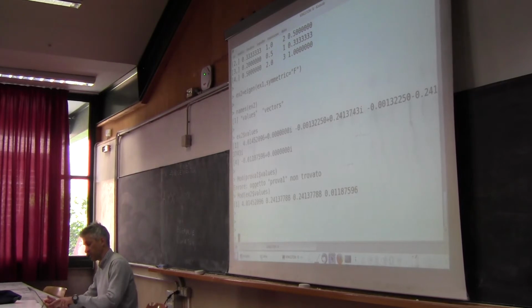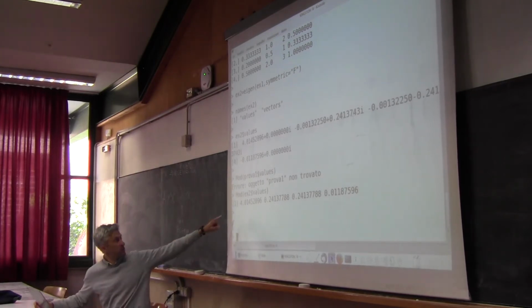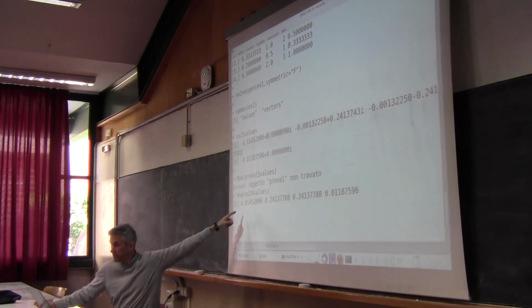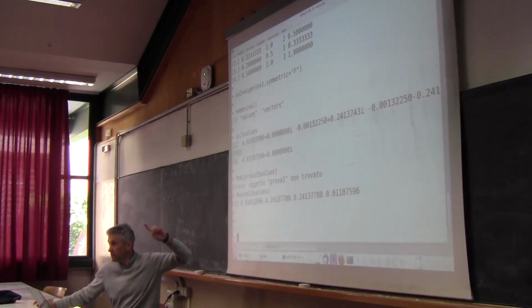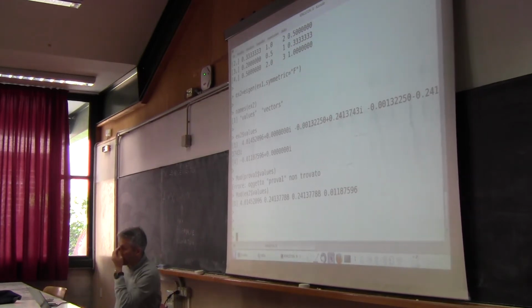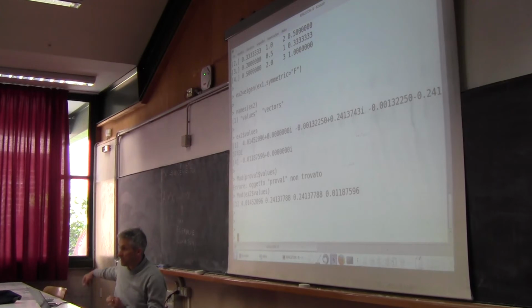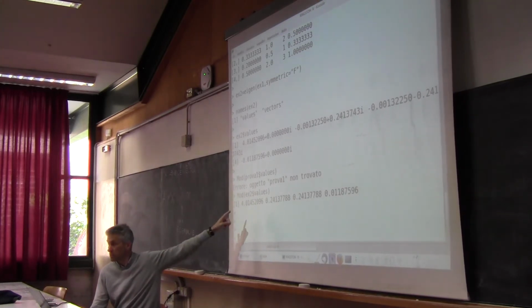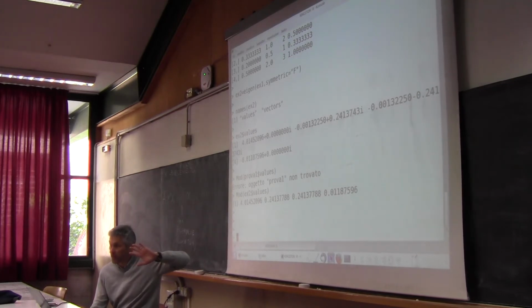These numbers just serve us because we need to make reference to the highest of them. These are the eigenvalues, and we need to make reference to the highest, because the highest is our lambda, which needs to be close to 4, and indeed it is very close. Now let me compute the eigenvectors.